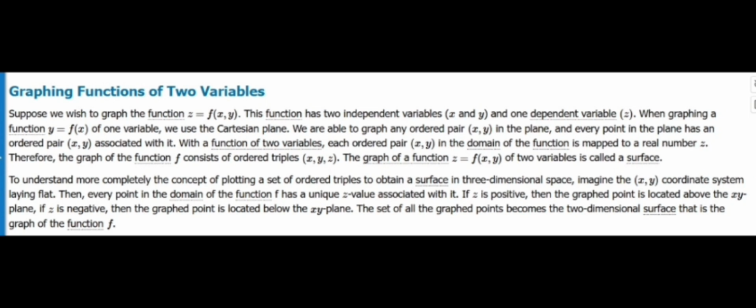If z is negative, the graphed point is located below the xy plane. The set of graphed points becomes the two-dimensional surface that is the graph of the function f.